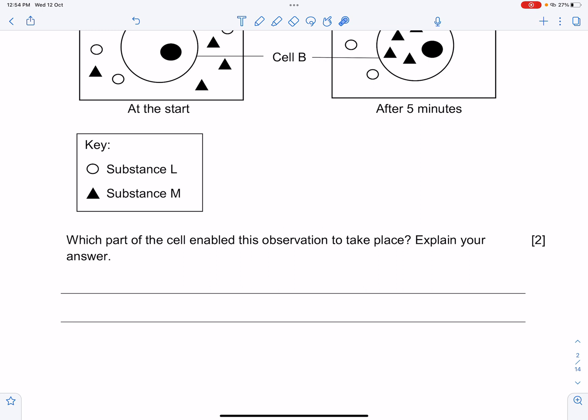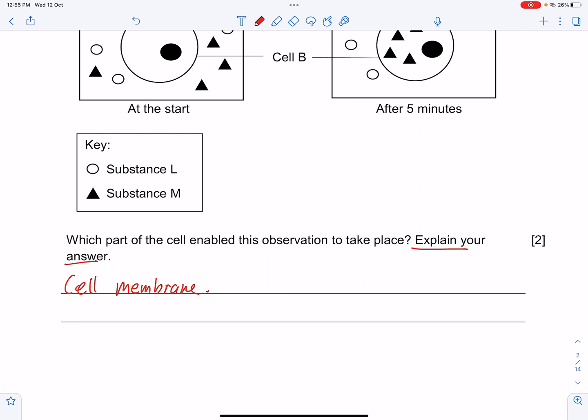Okay, now I would like you to be very careful about how you explain the function. Many of you would choose to say that it allows certain substances to enter. Now if I see the words certain substances, I am inclined to give you the marks.